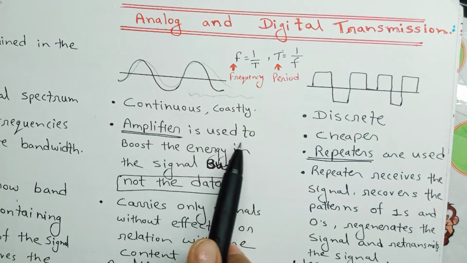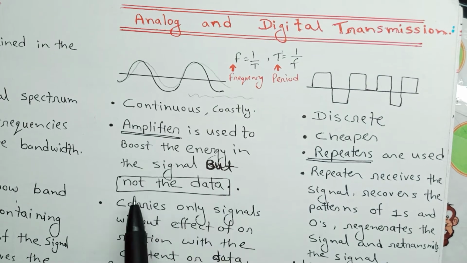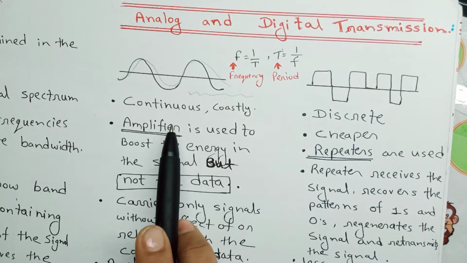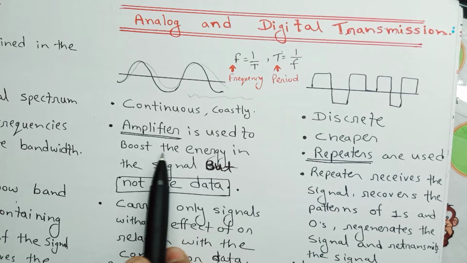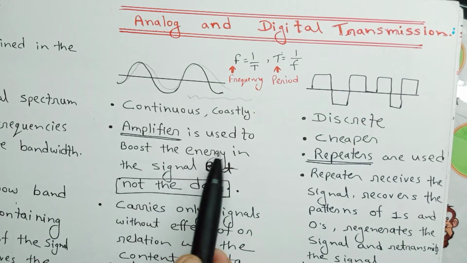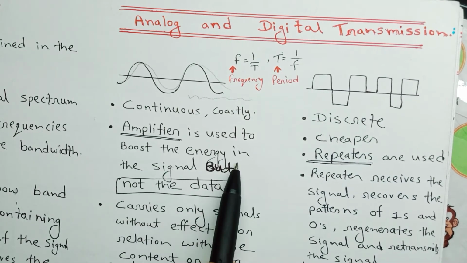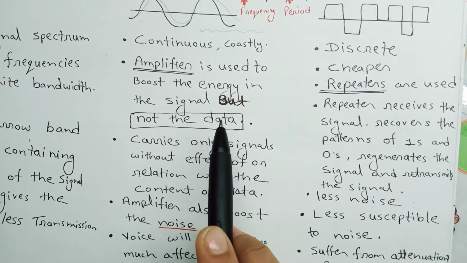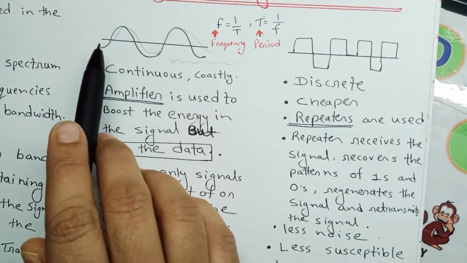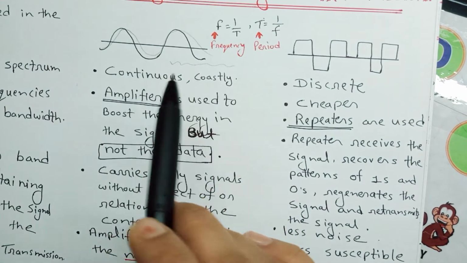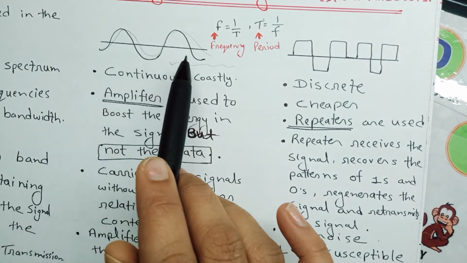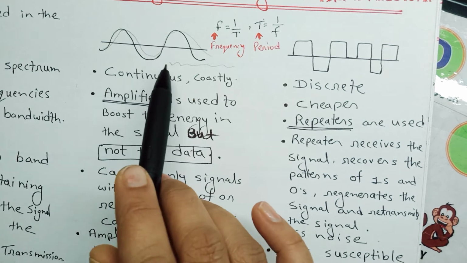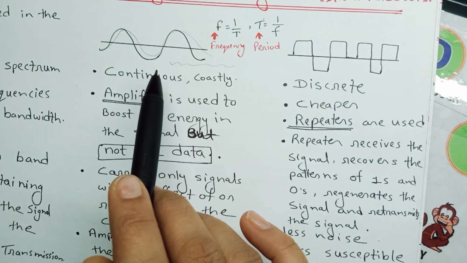An amplifier is used to boost the energy in the signal. In an analog signal, we use an amplifier to boost the energy of the signal, because in a continuous signal the frequency may decrease or weaken.